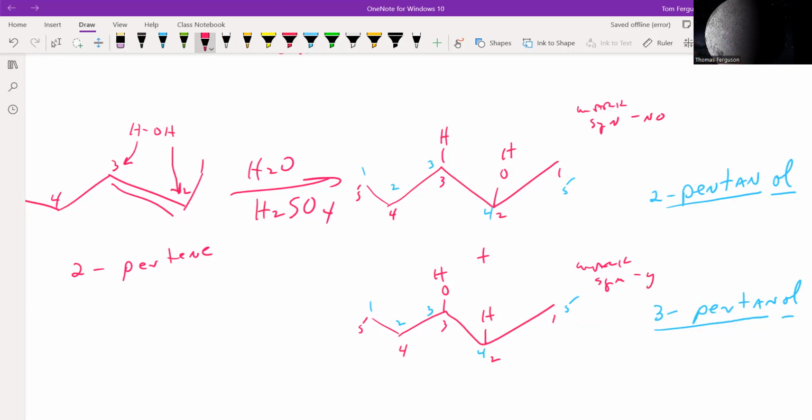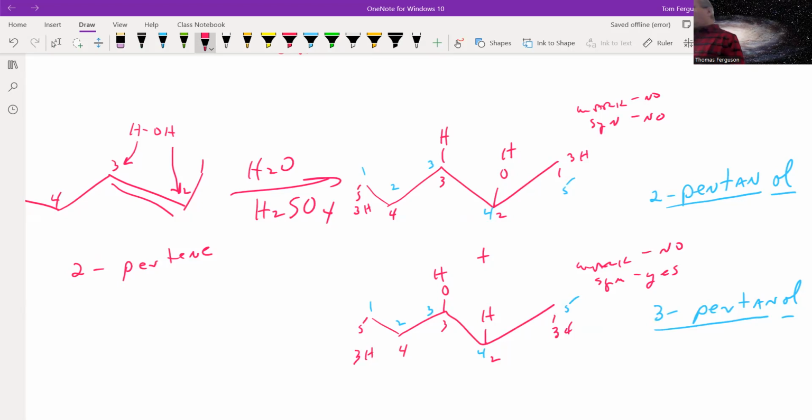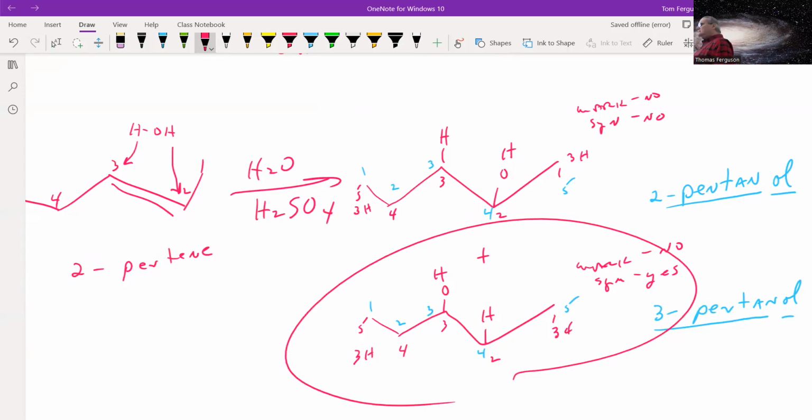We have 3 hydrogens, 3 hydrogens, 3 hydrogens, 3 hydrogens. So Markovnikov is the same on both. So the symmetry tells us the bottom one is more stable because it's symmetrical about carbon number 3. That's where the OH is.